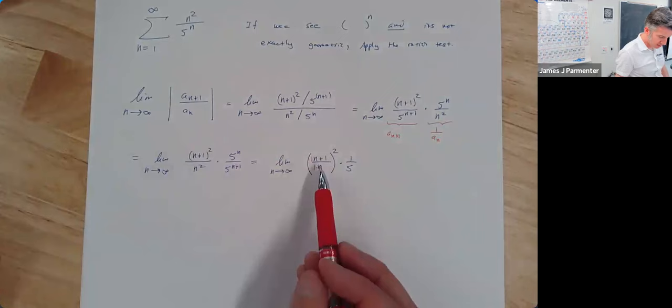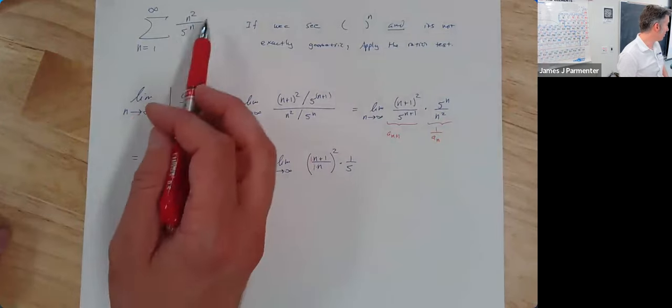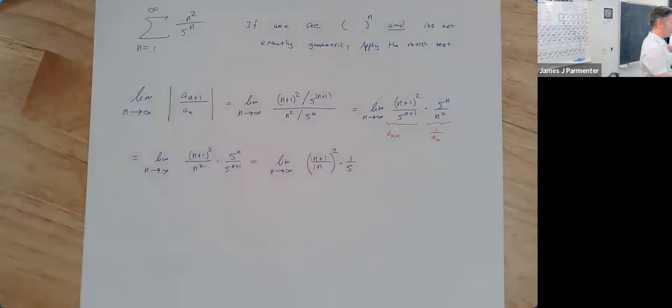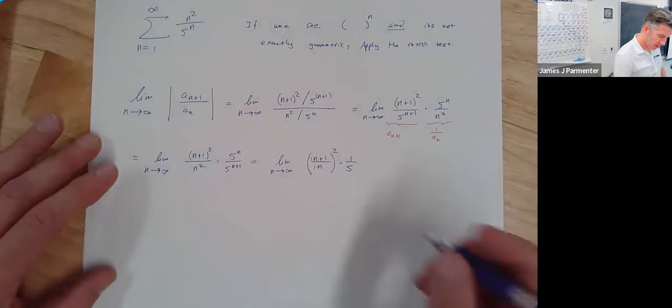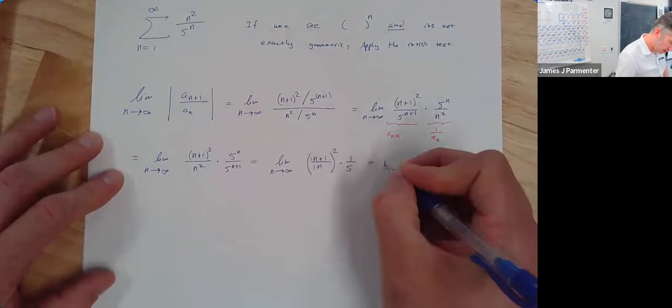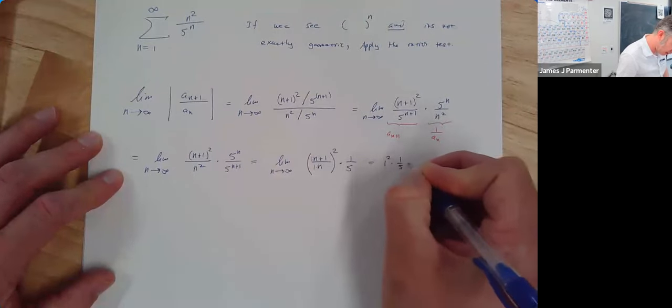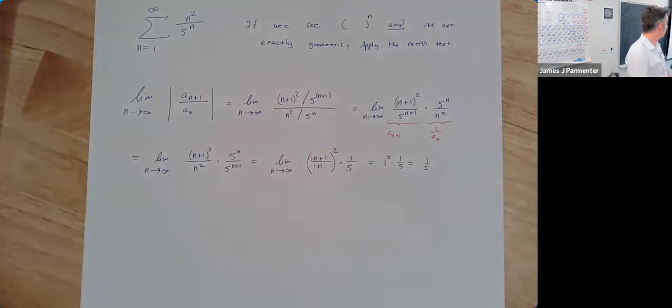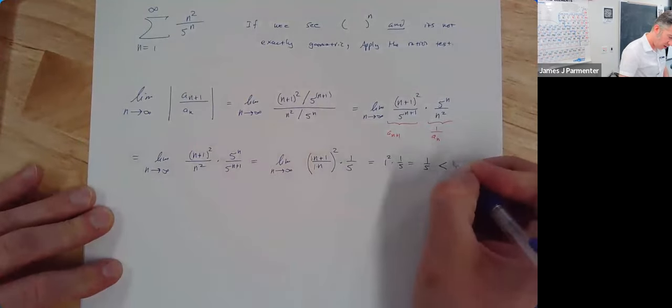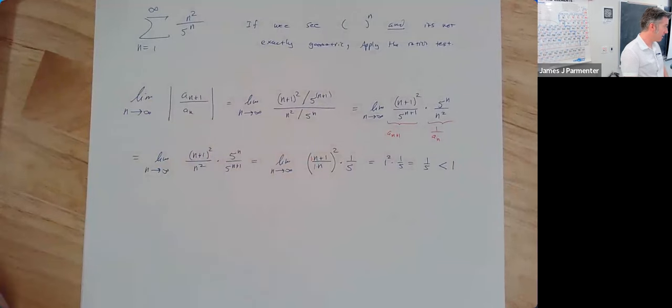When you have something like this, where you have an n squared or an n cubed, that part almost never contributes anything. It almost always just ends up being a limit of 1. We'll see it again in the next example. So here I get 1 squared times 1/5, which is equal to 1/5. And if that ratio is less than 1, which it is, that means the series converges.